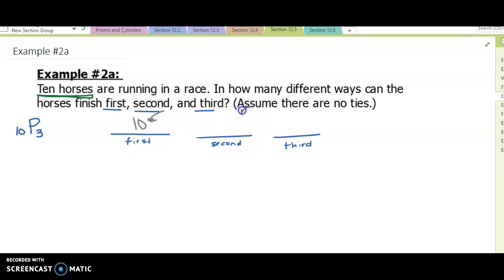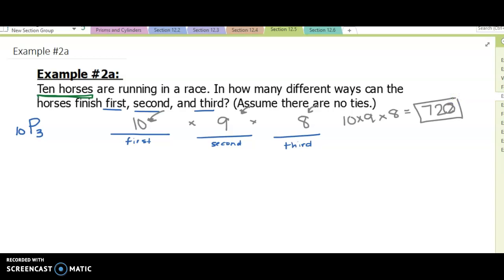How many are left to take second? Well, first place is already taken, so we got rid of a horse. So now there's 9 horses that can take second. How many take third? Well, we already have a horse taken first and second, so we only have 8 horses left that can take third place. When I do this, I'm going to multiply these numbers. So 10 times 9 times 8, which is 720 different ways horses can take first, second, and third.